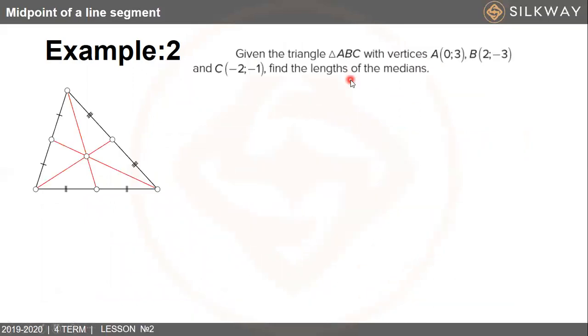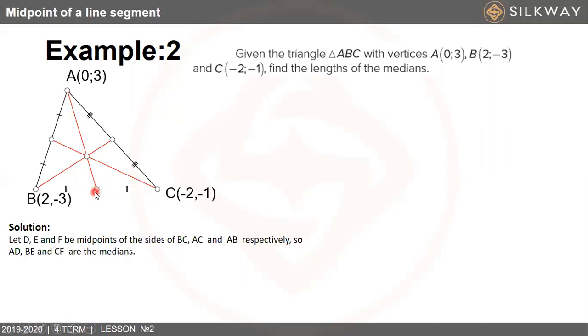Now, given the triangle with vertices A, B, C, the task is to find the lengths of the medians. First, let's write our points. Point A is (0, 3), point B is (2, -3), and point C is (-2, -1). Now we must find the length of AD.